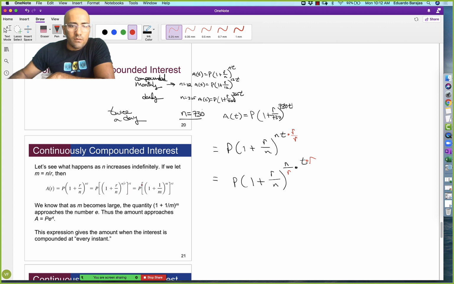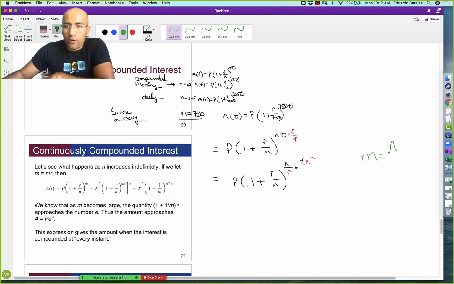Good. Okay, so if we think about the relationship between these two, they're kind of opposite. This is r over n, this is n over r. So they just introduced a new variable. Let the new variable m equal n over r.